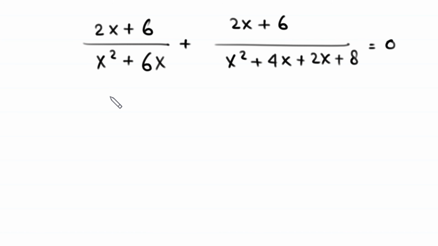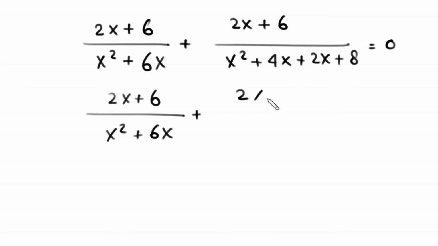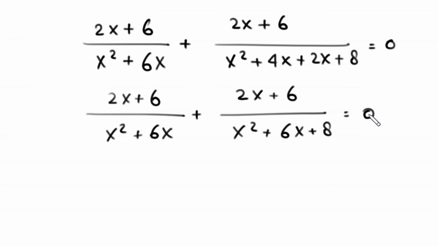Further simplify, this will become 2x plus 6 divided by x squared plus 6x, plus 2x plus 6 divided by x squared, this 4x plus 2x will become plus 6x plus 8, equal to 0.